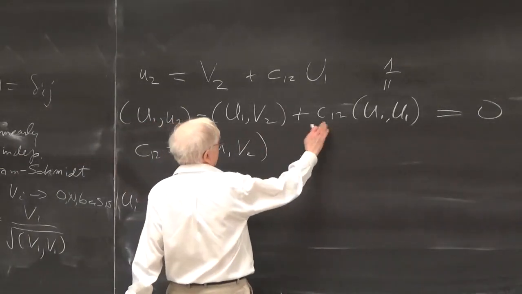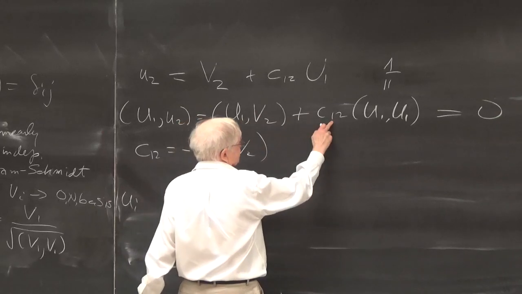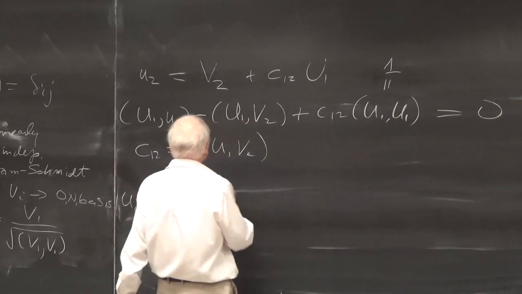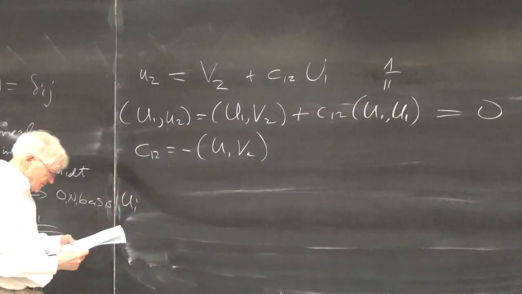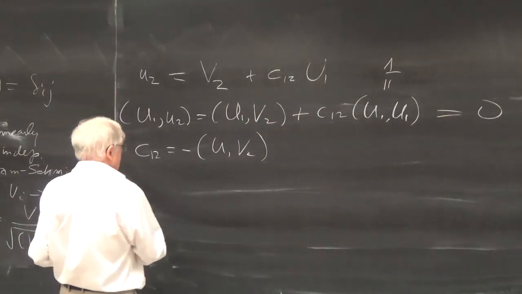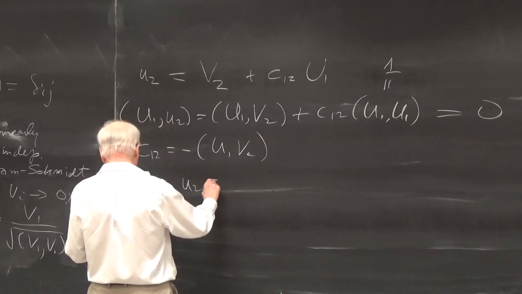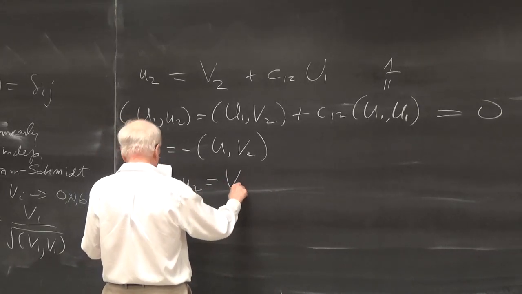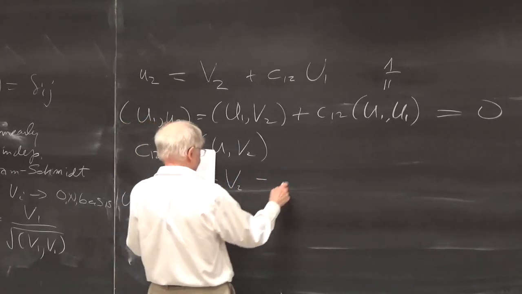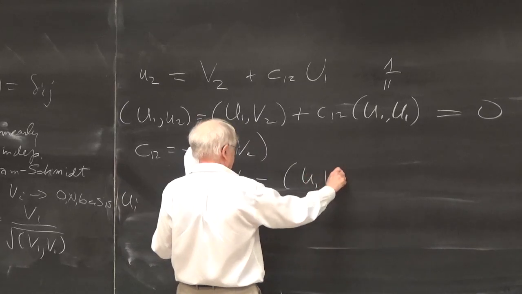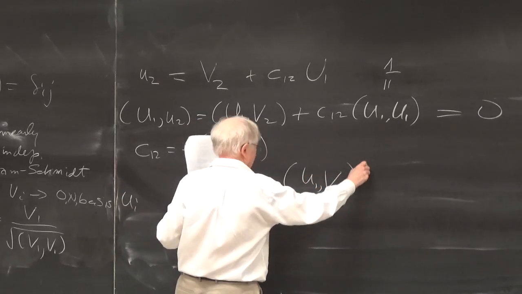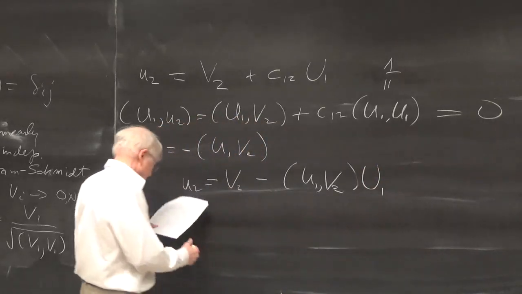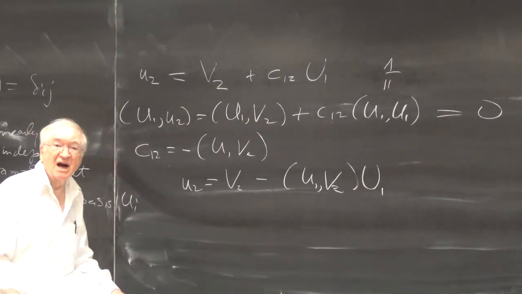In other words, this plus C12 is 0, so C12 is minus that. So our u2 is v2 minus the inner product of u1 with v2, times u1.